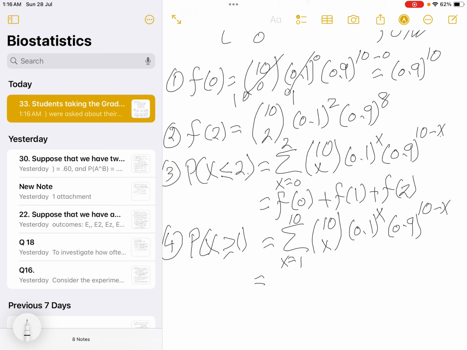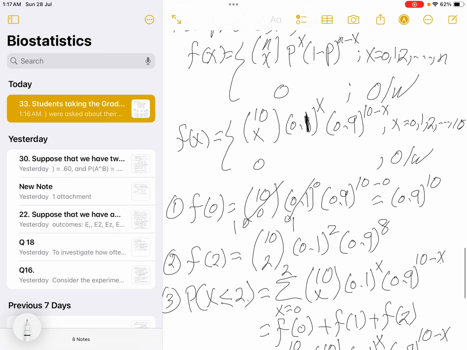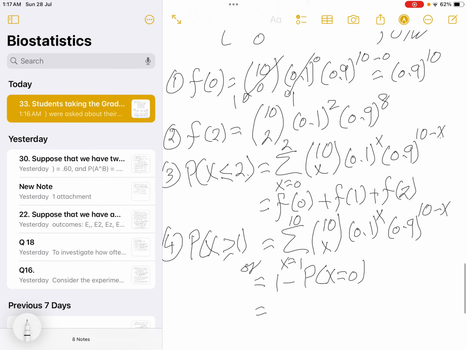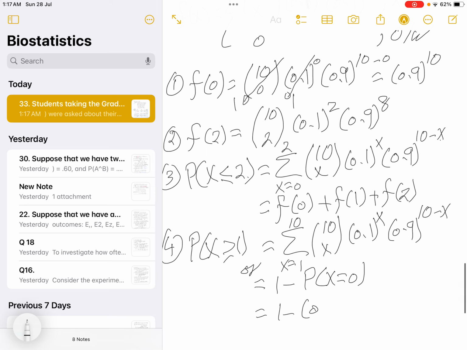Or 1 minus probability x equals 0. Since the domain is x from 0 up to 10, you must find the probability from 1 up to 10, which is the total sum of probability minus probability x equal to 0, which we calculated: 1 minus 0.9 to the power 10.